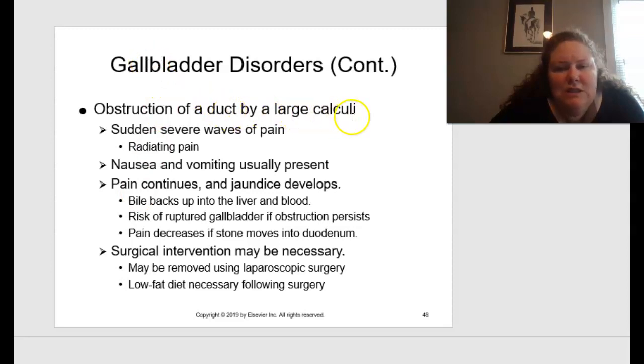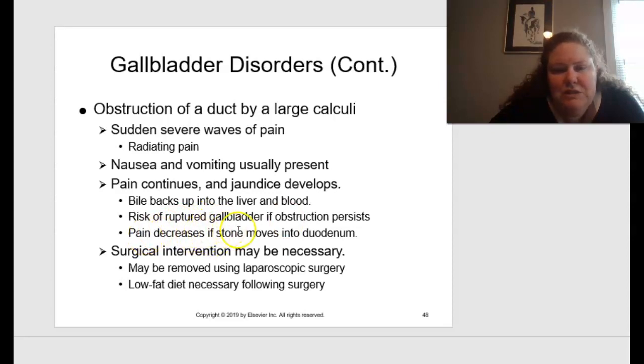Obstruction of a duct by a large calculi would cause sudden severe waves of pain, which can cause radiating pain. Nausea and vomiting are usually present. The pain is going to continue, and jaundice can develop. Bile can back up into the liver and the blood, and the risk of a ruptured gallbladder, if the obstruction persists, is high.